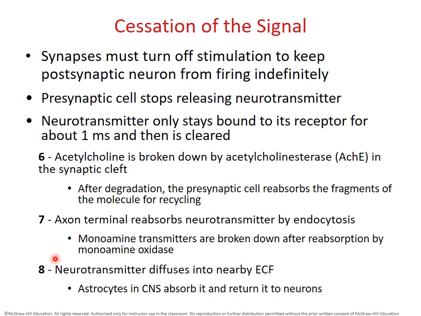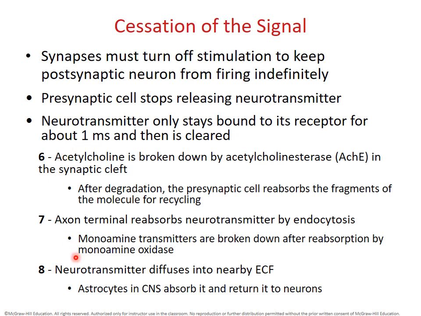And then finally, another way that neurotransmitters can be cleared from the synaptic cleft is for them to simply diffuse out of it. So as they're bouncing around randomly inside the synaptic cleft, inevitably some of them, many of them, bounce around until they literally bounce right out of the cleft into the surrounding tissue space.